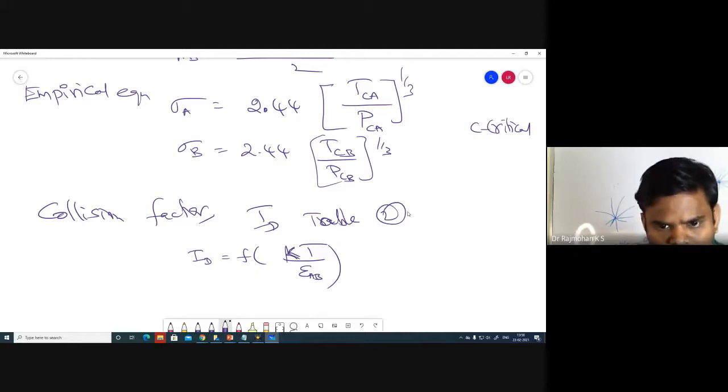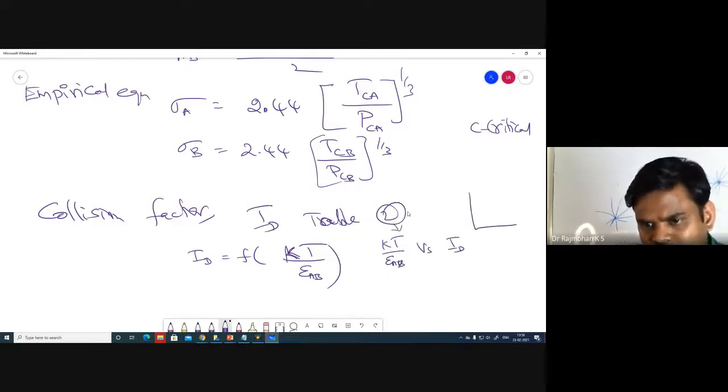For each KT by epsilon AB value, we are going to have an ID value. So we have KT by epsilon AB versus ID; actually, there is a diagram for it.